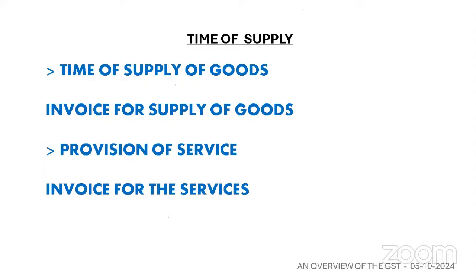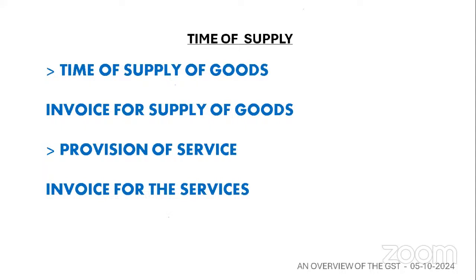The second method is, once the audit report is handed over to the client, on the same day I raise the invoice, which means the invoice is raised on the day when I completed the service. So that is the time when the service is provided, and that is the time when I have to pay the GST. And the third scenario is I got an order, then I executed the order, I conducted the audit, and then gave the report to the client, and I have got 30 days from the date of completion of service to issue the invoice.